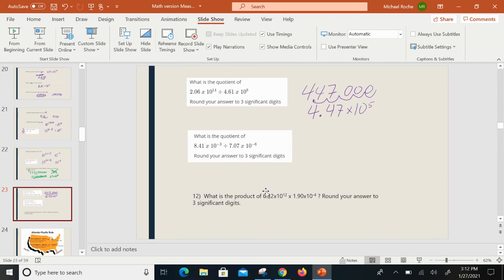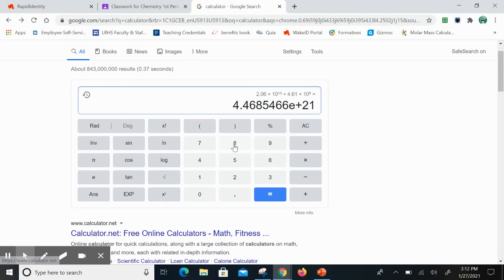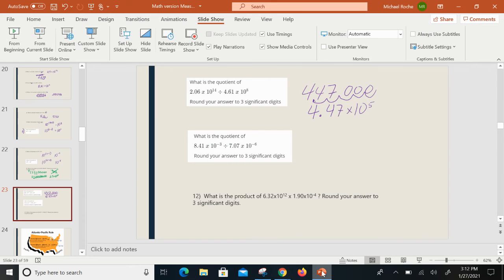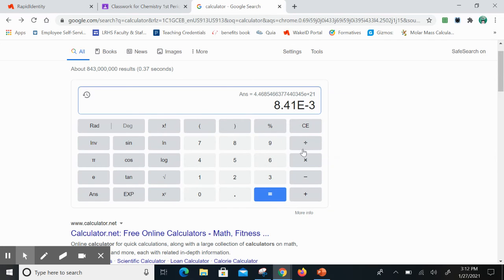All right, so this next one, 8.41 times 10 to the minus 3. 8.41 times 10 to the minus 3. And that's going to be divided by 7.07 times 10 to the minus 6. Divided by 7.07 times 10 to the minus 6.